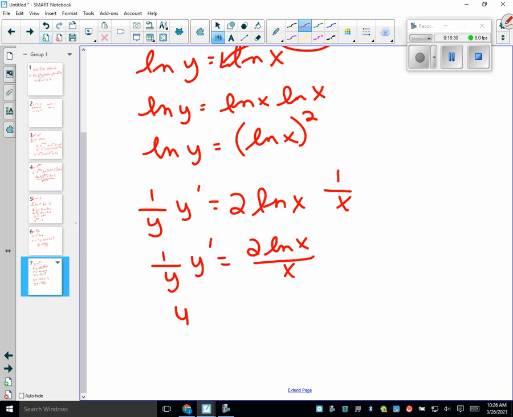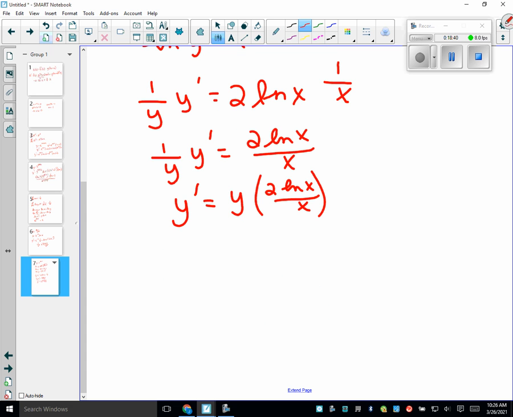So does y prime equal y times 2 ln of x over x? What is y?